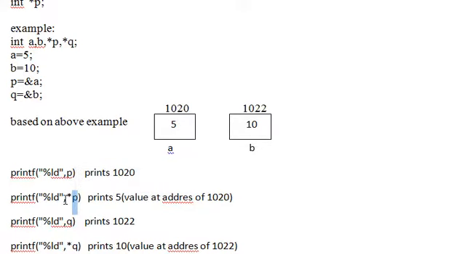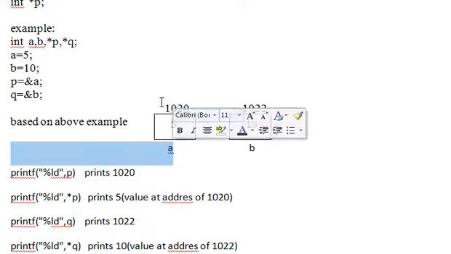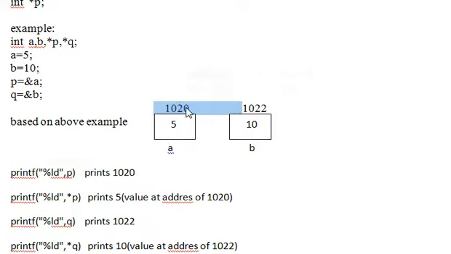When we give the star before the pointer variable, it gives the value from that particular address. So p has the address of a. When we give the star, it gives the value at the address of a. The address of a is 1020, and the value at this address is 5. So automatically it gives the value 5. So it prints the value 5.